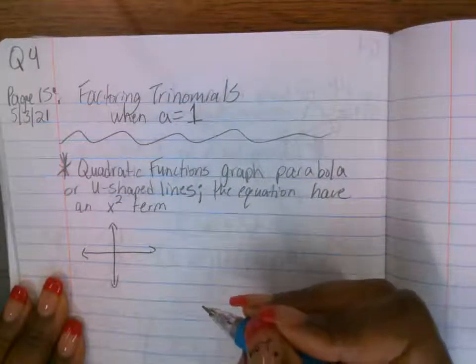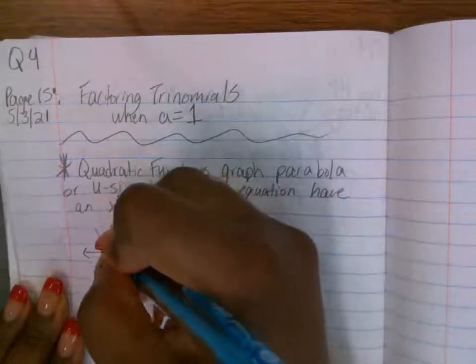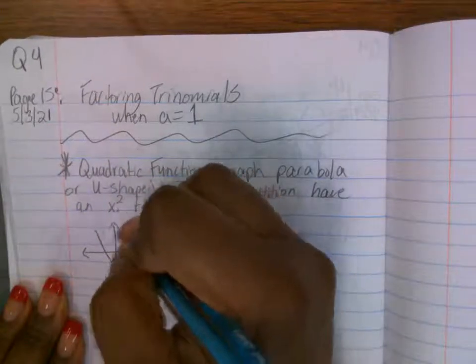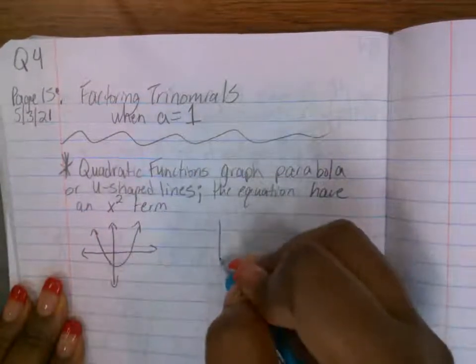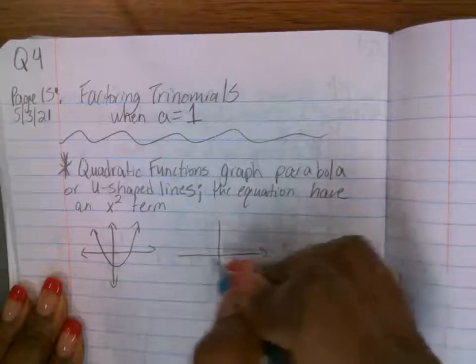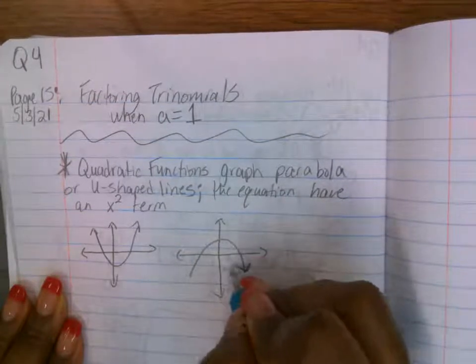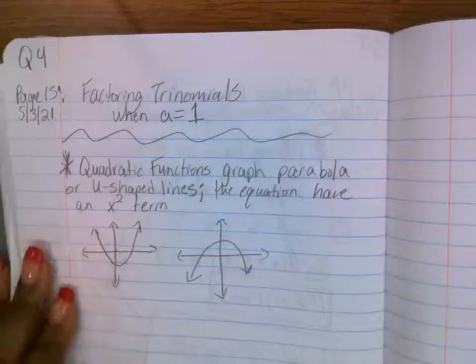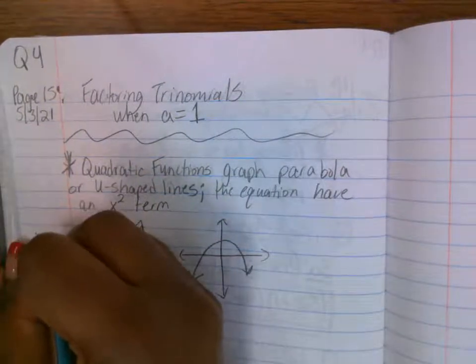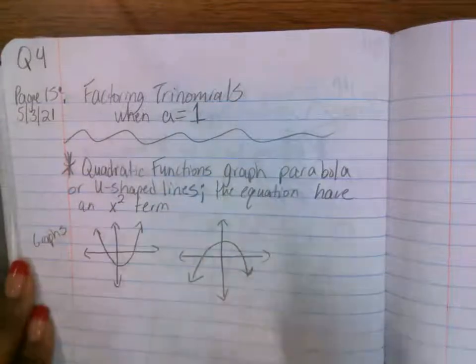Quadratic functions graph either an upward U or a downward U. This is what the graph looks like. Okay.